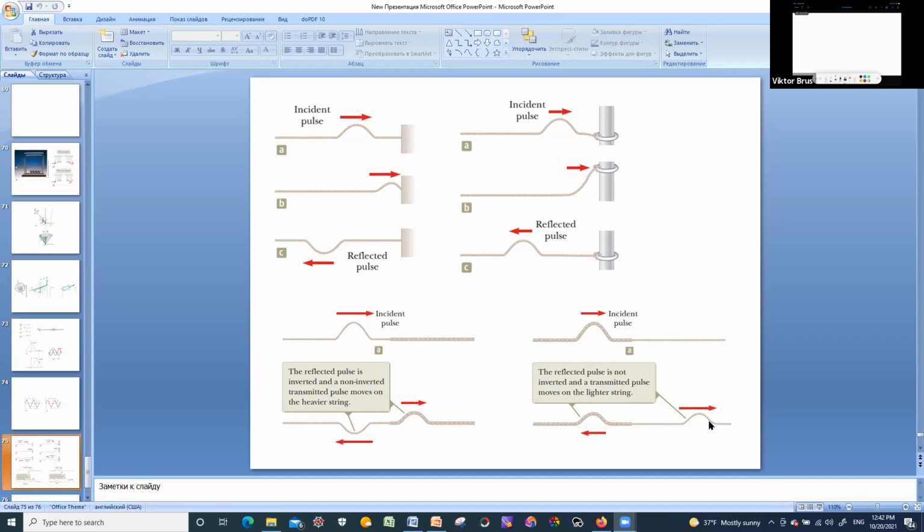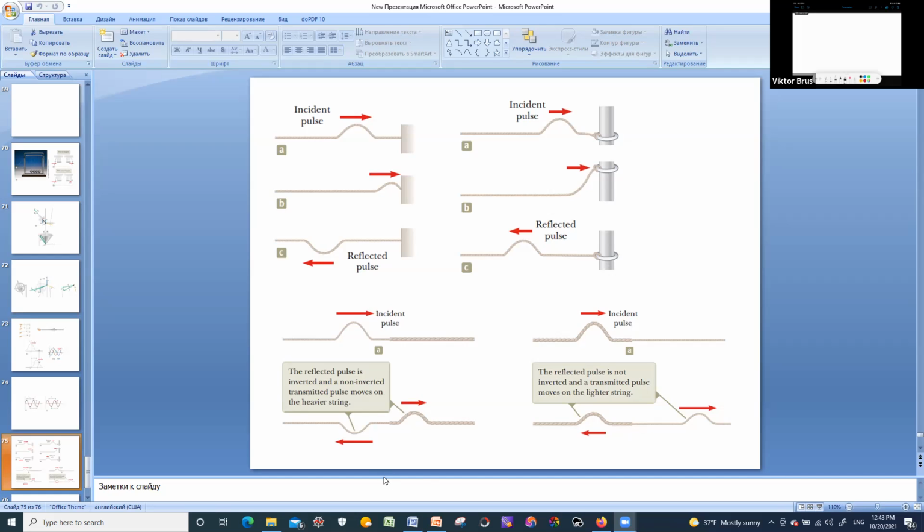So that is important to keep in mind, because when we deal with reflectance, transmittance is kind of simple. In both cases, we have the same phase of the transmitted pulse. However, we need to keep in mind at the interface of which mediums this reflectance is happening.